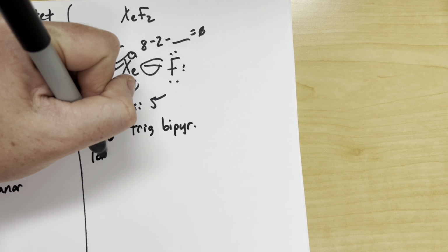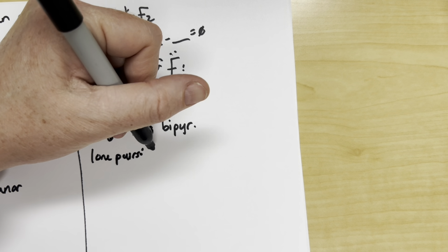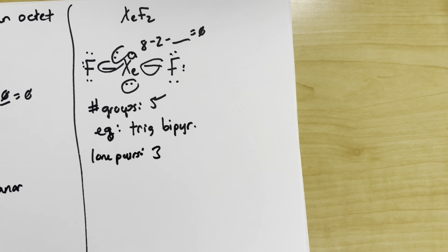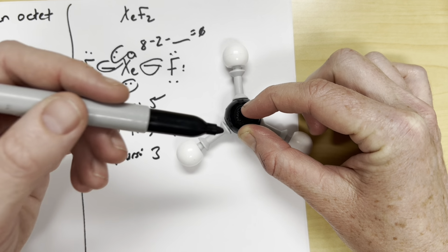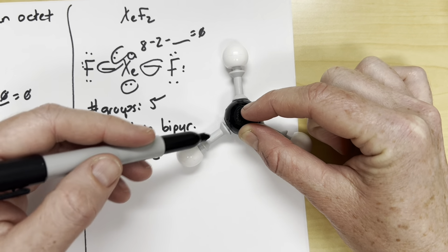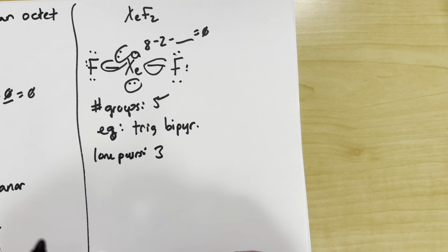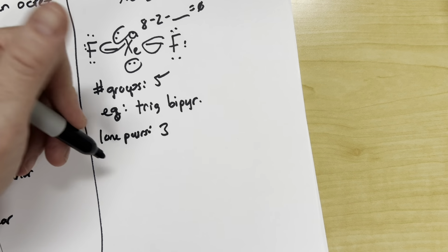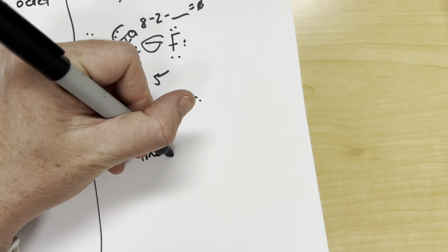But its lone pairs are going to be 3. Remember the trigonal bipyramidal was like this, except there's one sticking up and one sticking down, right? If we removed all 3 of these and had only one sticking up and one sticking down, wouldn't that be like linear? And that's exactly what you get. So its molecular geometry is linear.